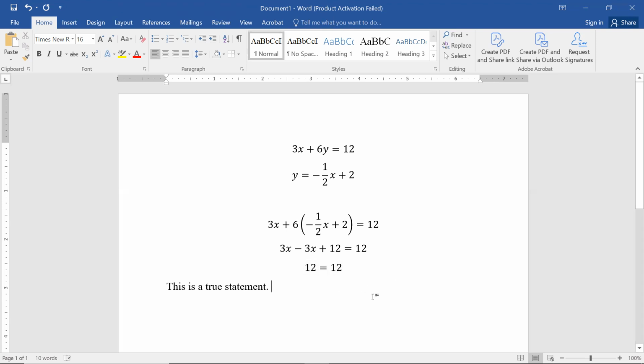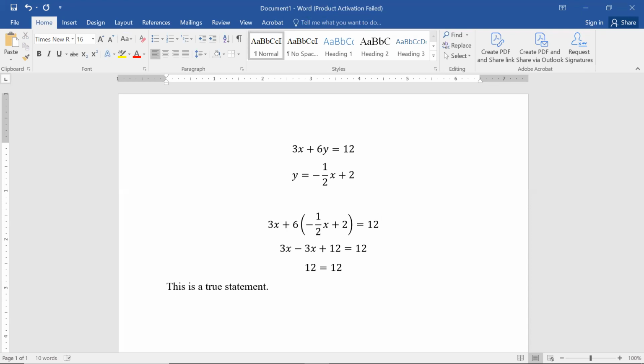Obviously, 12 is equal to 12 in all circumstances. So what does that mean about this system of linear equations? Well, what that means is this system of linear equations has infinitely many solutions.